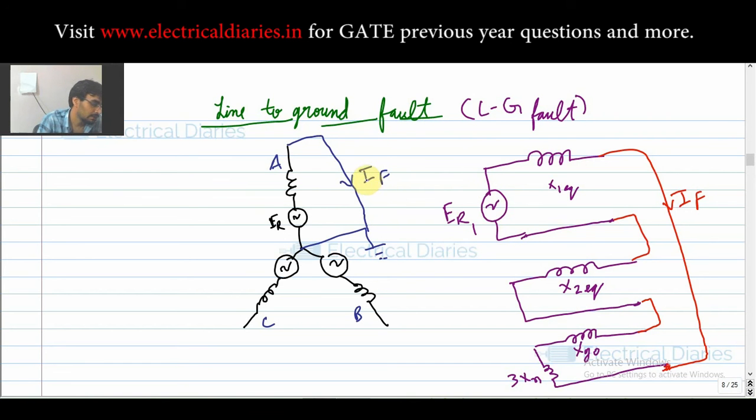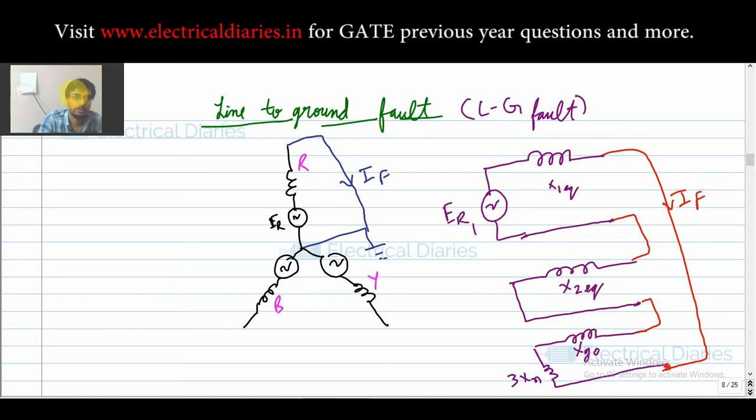So now what actually happens? Just for representation and understanding purposes, let me take it as this is R phase, this is Y, this is B. When this fault occurs, all the current will flow through this IF.